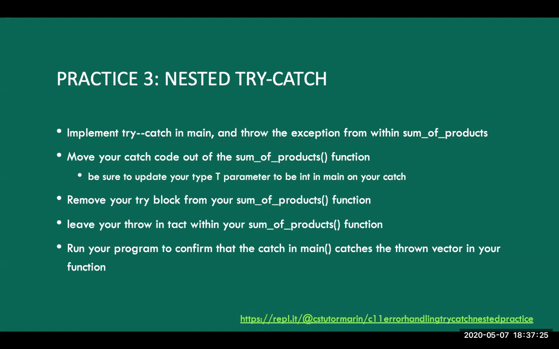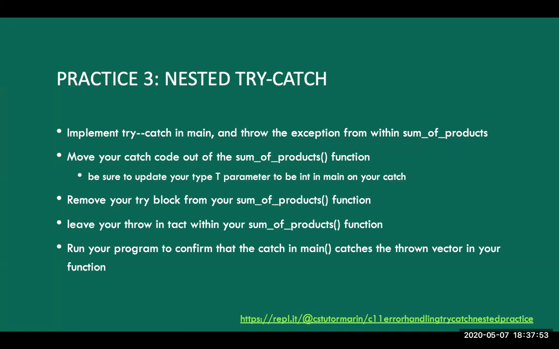We're going to leave it in the sum of products function, but we're going to wrap the try around the actual function call to sum of products, right, in main. And so we're not going to leave the try block in the sum of products. We're going to move it into main, and we're going to leave the throw in sum of products. And then we'll have our catch. So we'll still have our try and catch together, but now they're going to be in main, just to exercise this distancing of where the throw is.